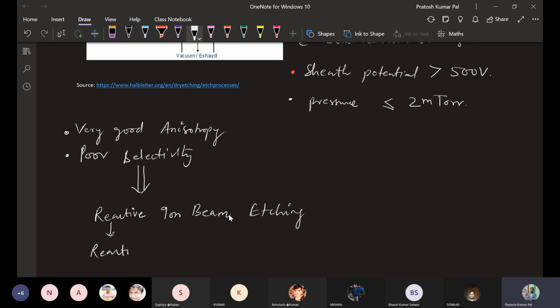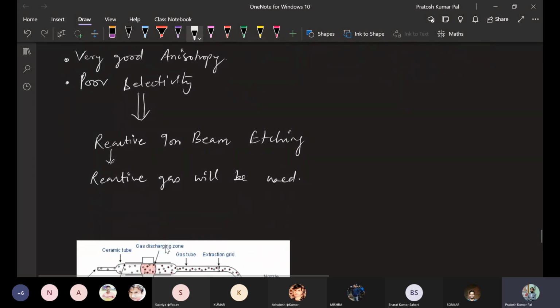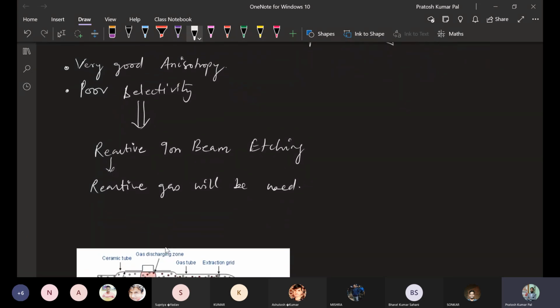Reactive gas will be used so that, instead of a completely physical process, the process will now also be chemical, because some chemical reactions will be taking place as reactive gases are introduced. So this will increase the selectivity.